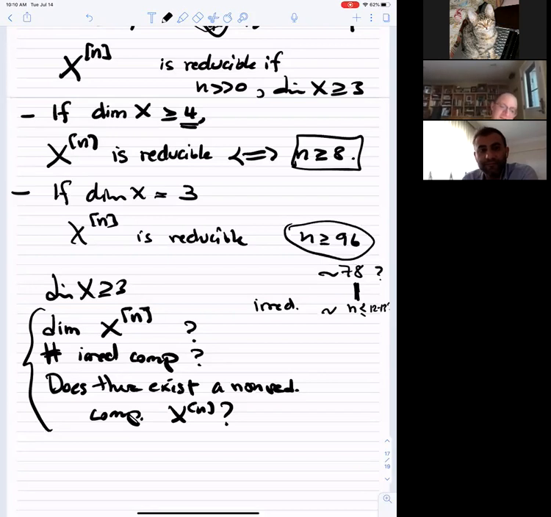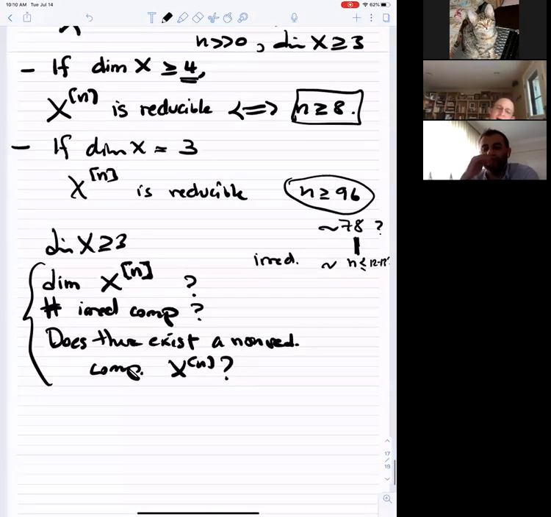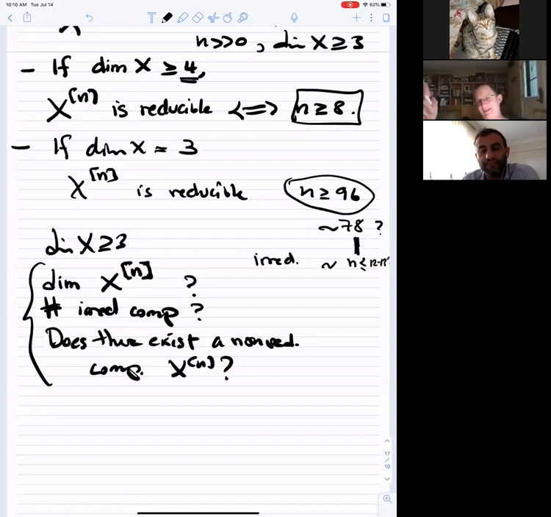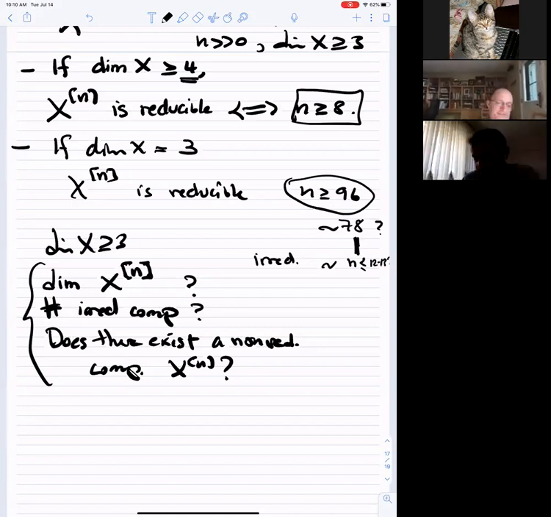These are interesting questions that we don't know. And there are bounds, of course, like regularity bounds, that bound the number of irreducible components. You can use this kind of Iarrobino construction that I gave you to construct many components. In some sense the number of components grows exponentially, but as n increases we don't really know how many there are, what their dimensions are, and what they all look like.